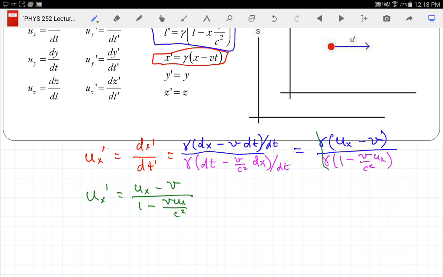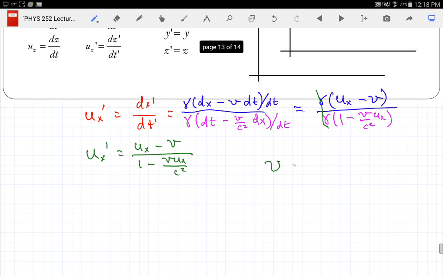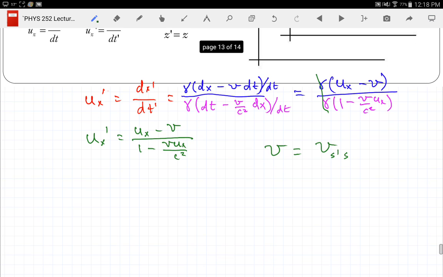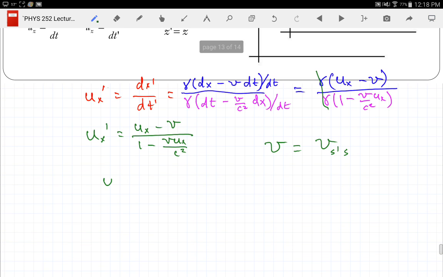So it really is the same equation. What's the velocity again? In this equation, v is equal to the velocity of s prime with respect to s, and u is equal to the velocity of x with respect to s.